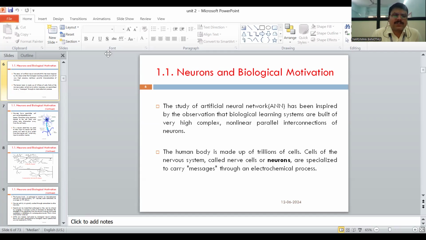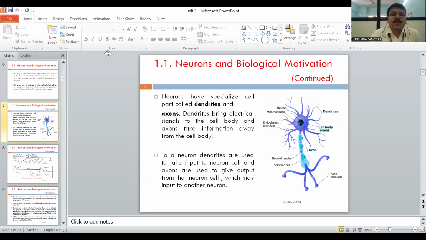These are specialized to carry messages through an electrochemical process. We will send a message from one neuron to another. So, coming to this topic, neurons and biological motivation. Here, neurons have specialized cells as shown in this diagram.